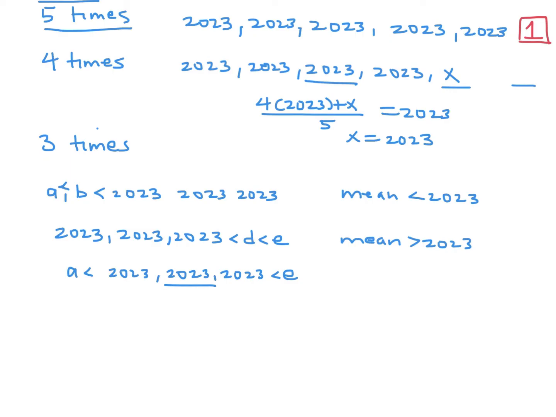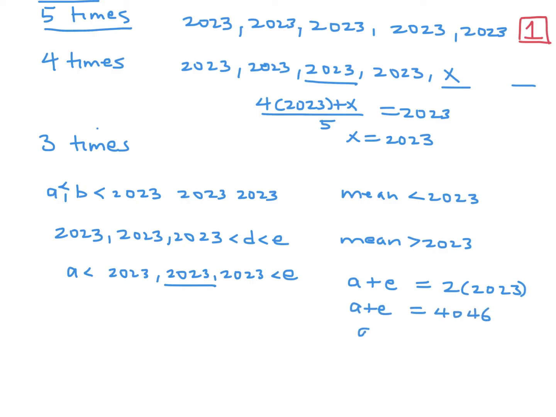You got it? Now the only way that the mean could be 2023 is if A plus E is equal to 2 times 2023. And all I really did there was just add up the numbers, divide by 5, let them equal the mean, and then isolate for A plus E. And if that's the case, A plus E would therefore be 4046.